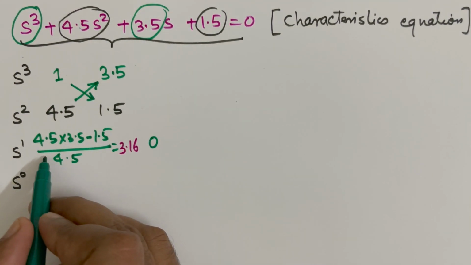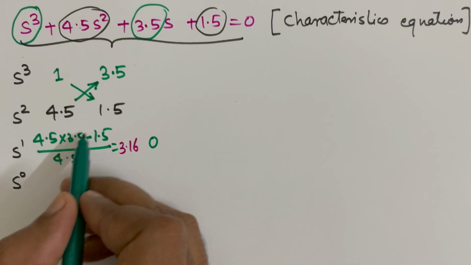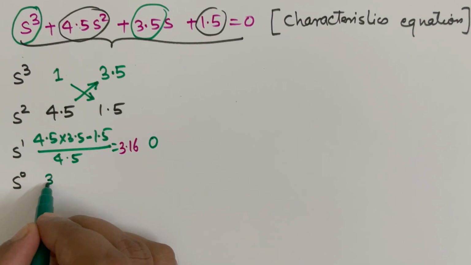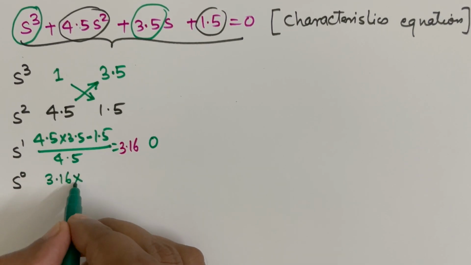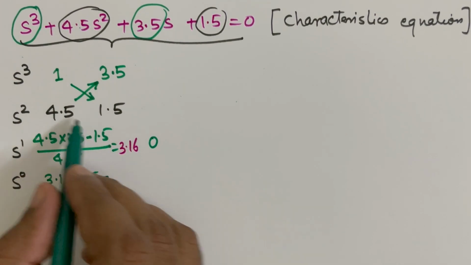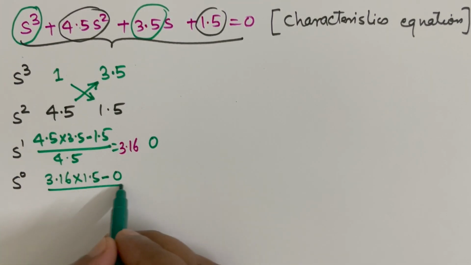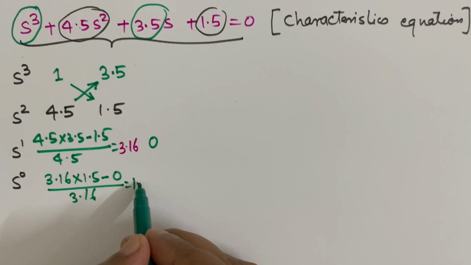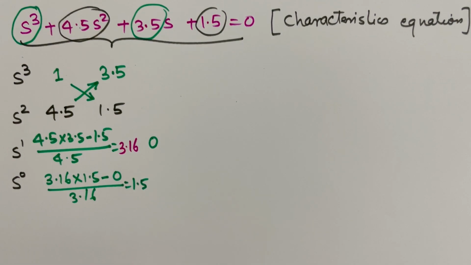Now, for this first column, we do 3.16 multiplied by 1.5, then minus 4.5 into 0, that is 0, divided by 3.16, which will be 1.5, still in the first column. The second column is 0.